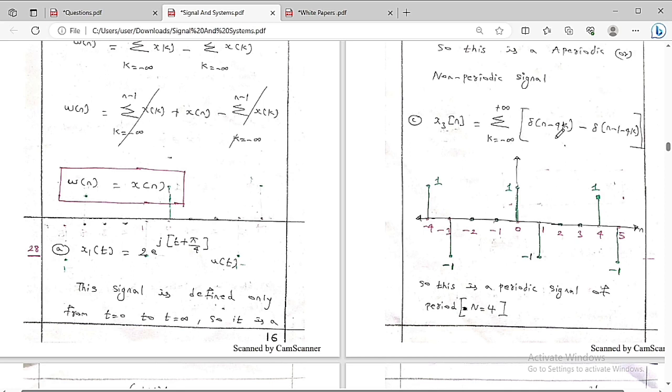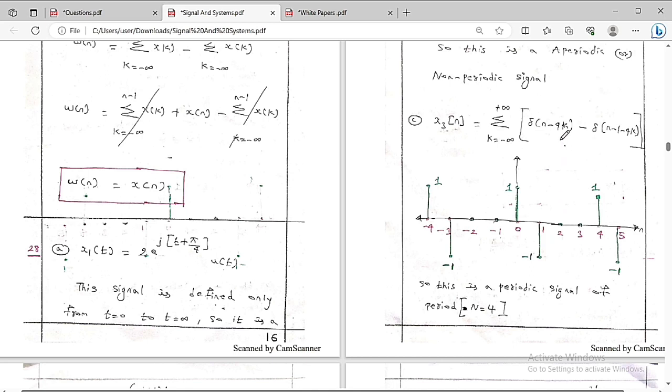Similarly, if you substitute k is equal to 1, then what are you going to get? Delta of n minus 4 minus delta of n minus 5. N minus 1 minus 4 is n minus 5, so at n is equal to 5 we are going to get its value is equal to minus 1. Again, the same thing is going to repeat.